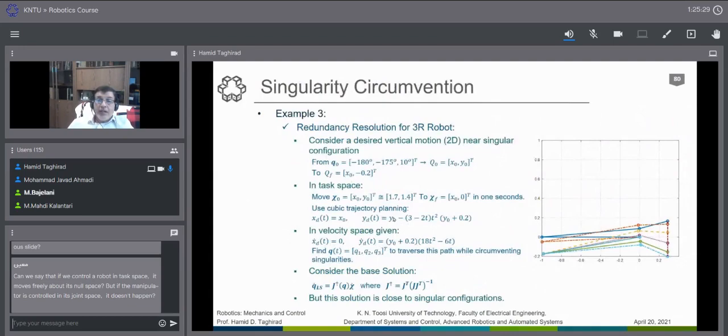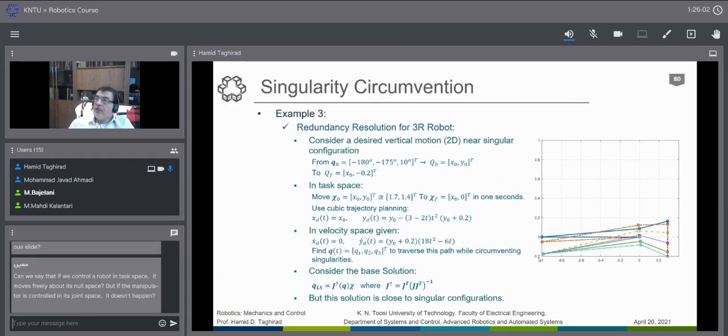And as a final example, I go through a very similar example, but with another optimization constraint. In this example, we don't have any obstacle, but as you see, we have the same 3-arm example, but the motion is very close to the singular configuration.